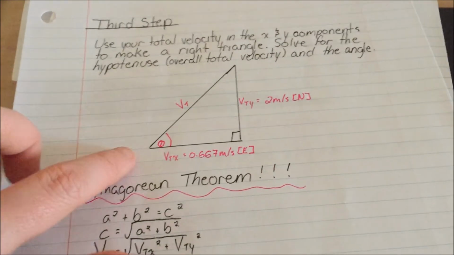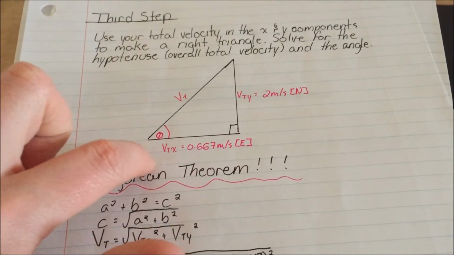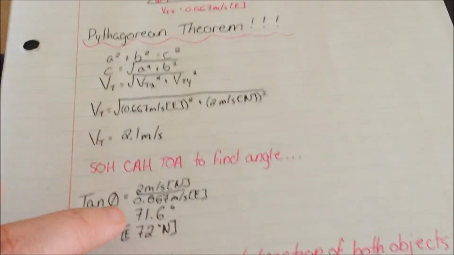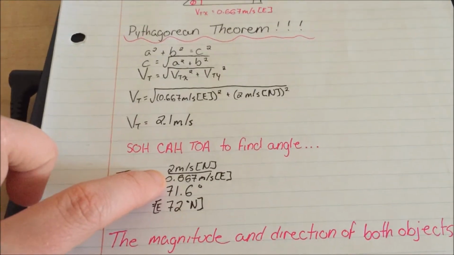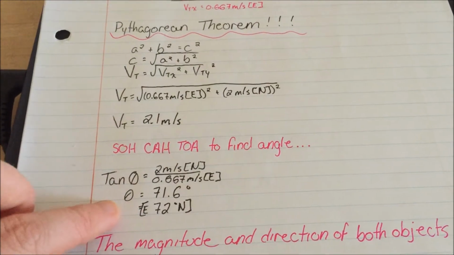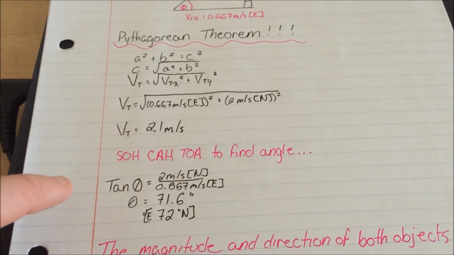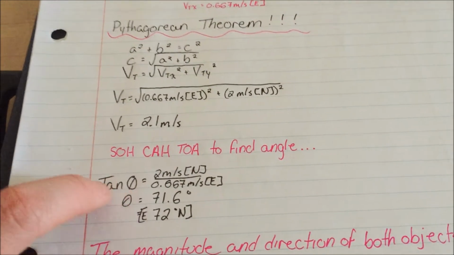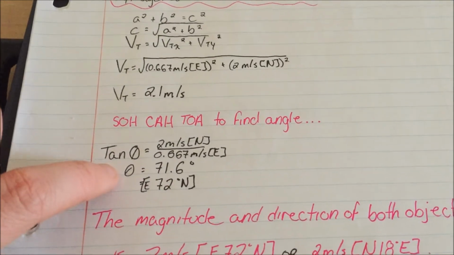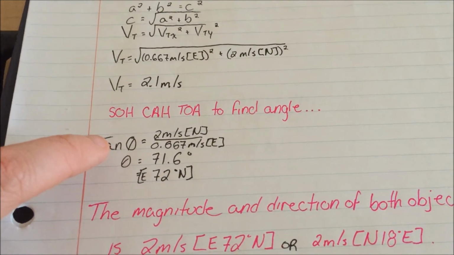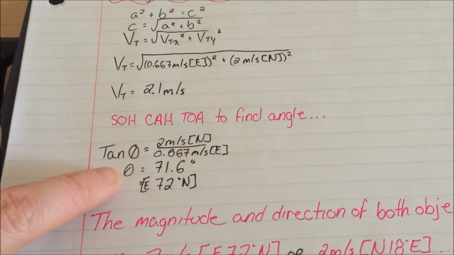So in this case, your opposite over your adjacent. So we use your 2 meters per second north divided by your 0.67 meters per second east is equal to theta, which is equal to 71.6 degrees.